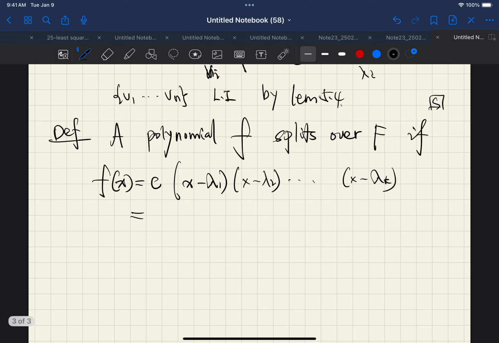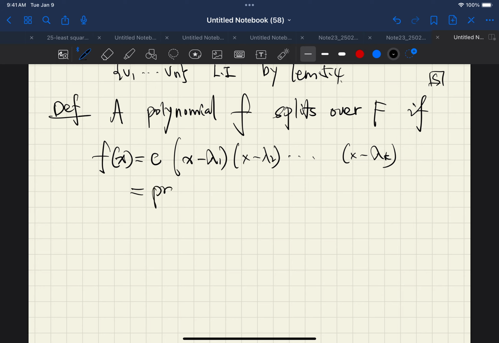Basically, it says it's a product of linear polynomials, or degree 1 polynomials.